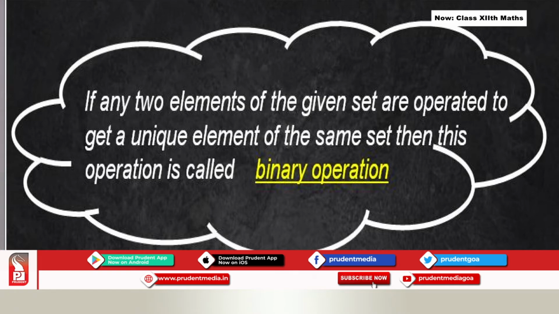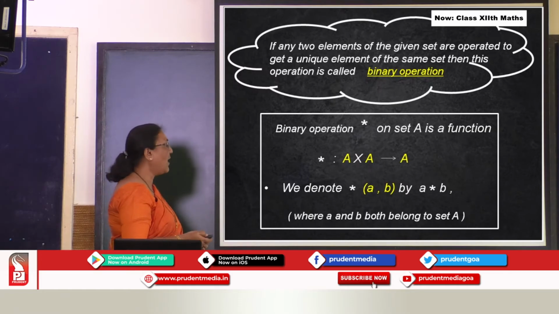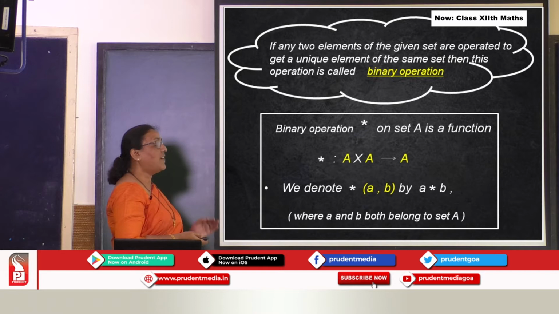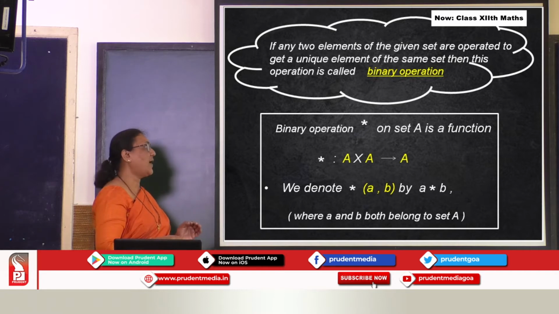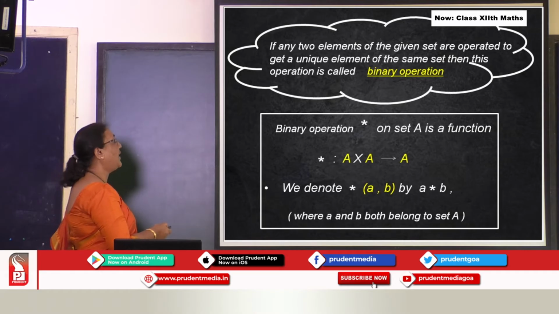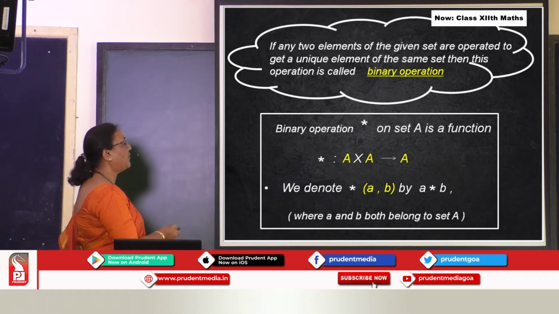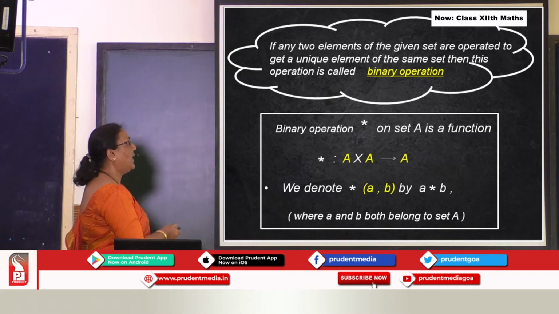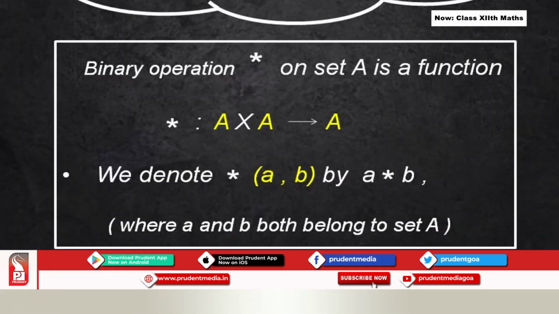Now see, a binary operation star or asterisk, mostly I will call it star, on the set A is a function. I had explained with the Venn diagram. It is a function from A cross A, the Cartesian product of this set A, and the result belongs to the same set. We had taken A plus B, and you had seen in the Venn diagram that all the answers belong to the same set.